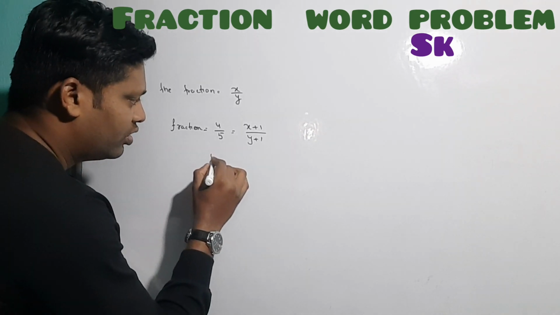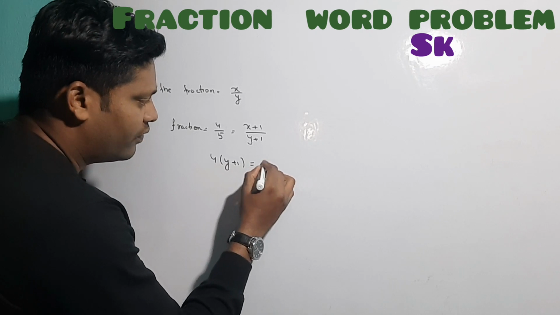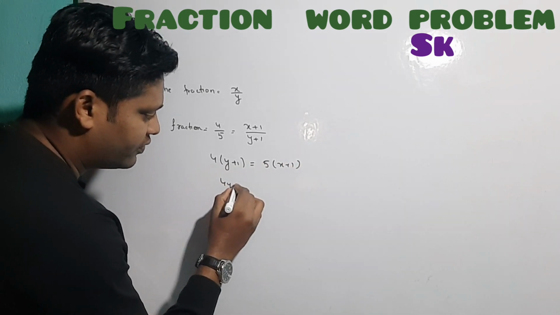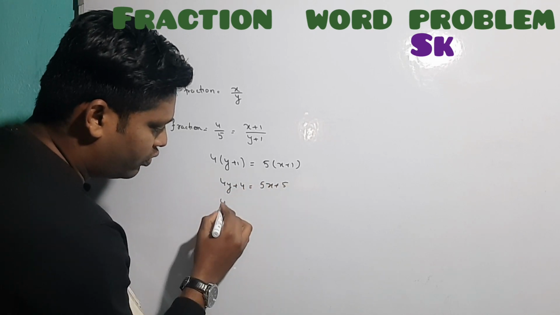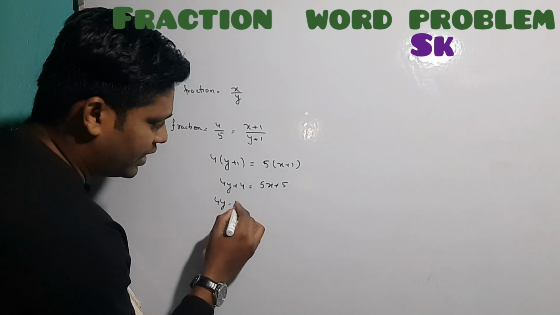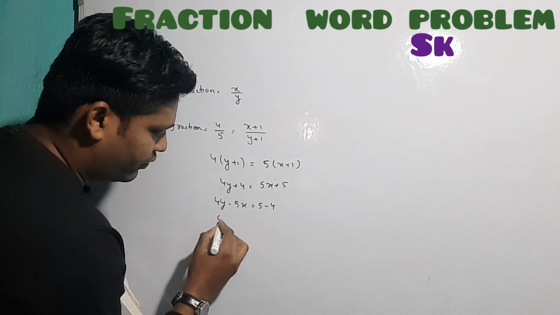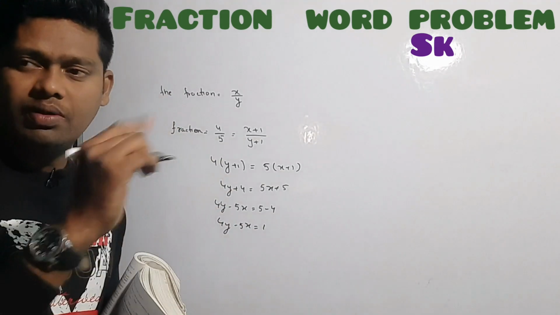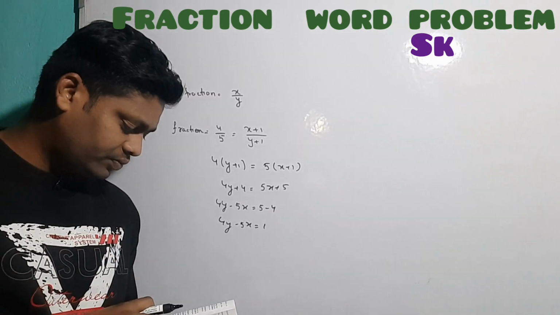Cross multiply. 4 times y plus 1 equal to 5 times x plus 1. So 4y plus 4 is equal to 5x plus 5. So 4y minus 5x equal to 5 minus 4. So 4y minus 5x is equal to 1. Equation number 1. Clear?